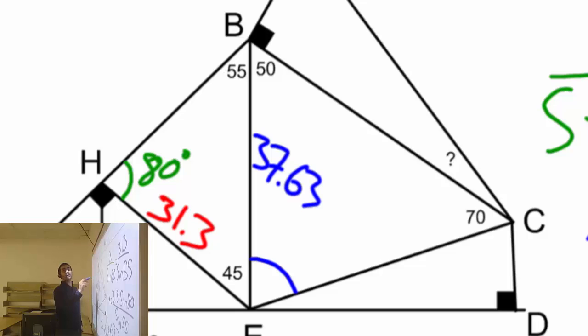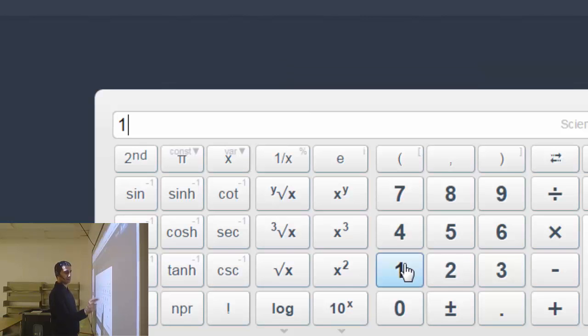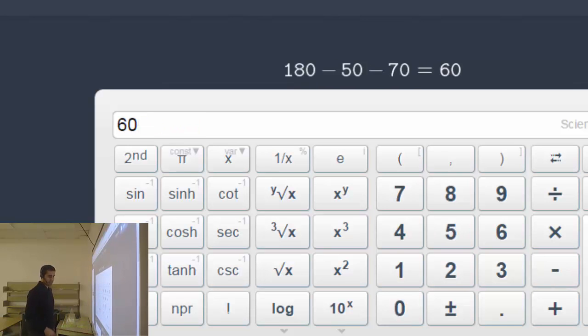So 180 minus 50 minus 70. Let's do that. 180 minus 50 minus 70. That's 60.